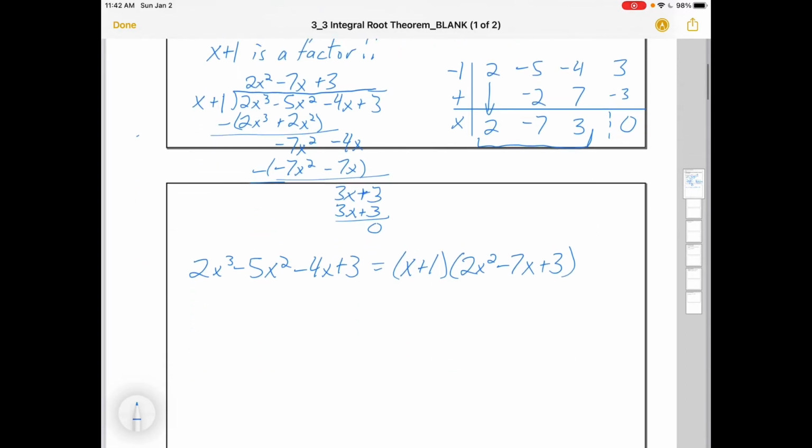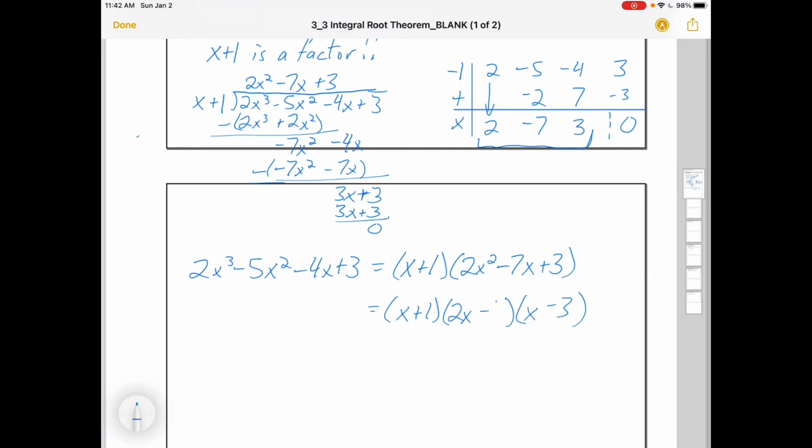And once you've factored a bit, you try and factor some more. Now, we could go through the same process of factor theorem, but this 2x squared minus 7x plus 3 is just a quadratic, so we might as well factor it however you want, whether you're a guess and tester, whether you use decomposition. Let's see what's going to happen here. I'll have 2x minus 3 there, and I'll have an x minus 1 here. That's going to get us our completely factored form.